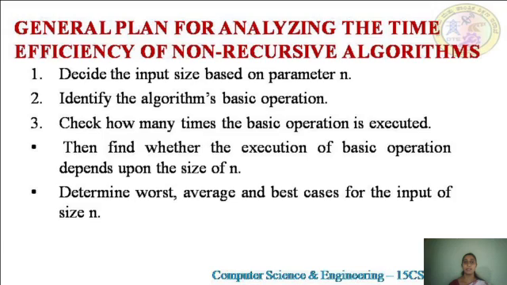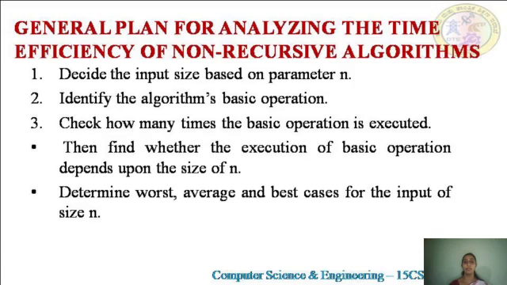In the second step, we identify the basic operation of the algorithm. The basic operation is the operation on which the output depends, which is called repeatedly in the algorithm.